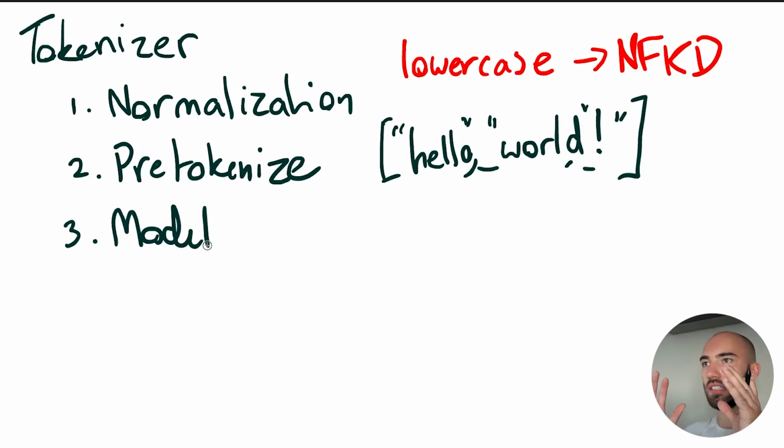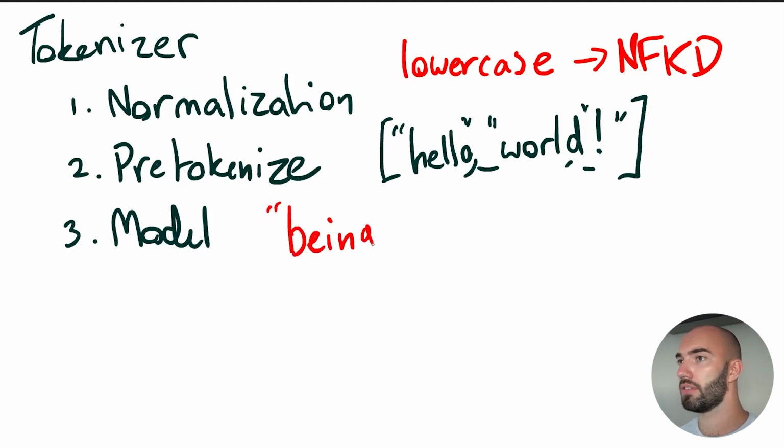What this will do is take all of the tokens we've created and merge them into the largest logical components. This isn't a very good example with hello world, but let's say we have "being".